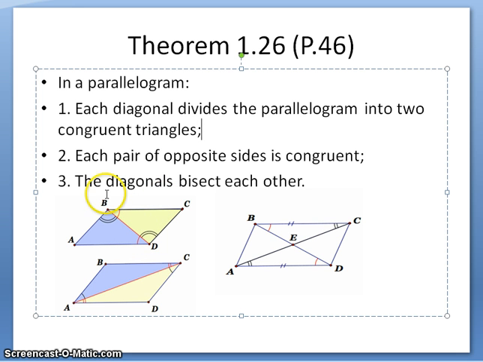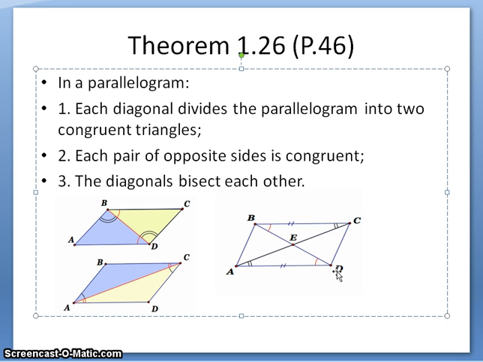And part 3, the diagonals bisect each other. So in this case, we need to show BE is congruent to ED, AE is congruent to EC. If we can prove one of them, the other one can be proved similarly. So you just need to do one of them, and for the other just say similarly we can prove AE is congruent to EC, for example. So how to prove BE is congruent to ED?